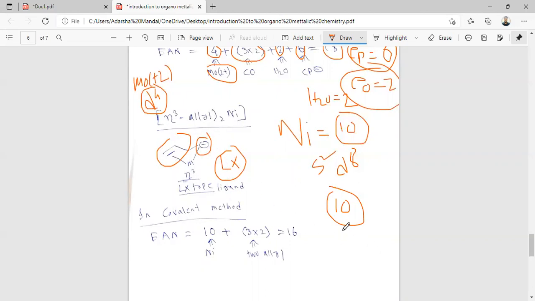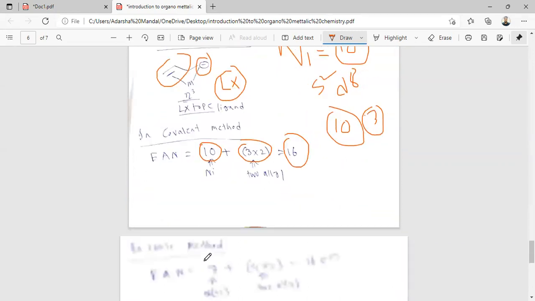So LX means it will donate a total of 3 electrons. So for the effective atomic number, nickel will contribute a total of 10 electrons, and each allyl will contribute 3, so a total of 6 from the 2 allyls. So here the total electron count is 16.